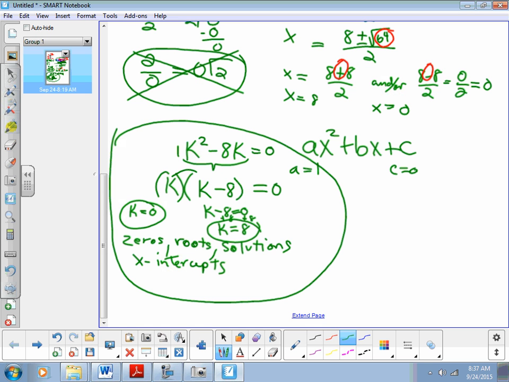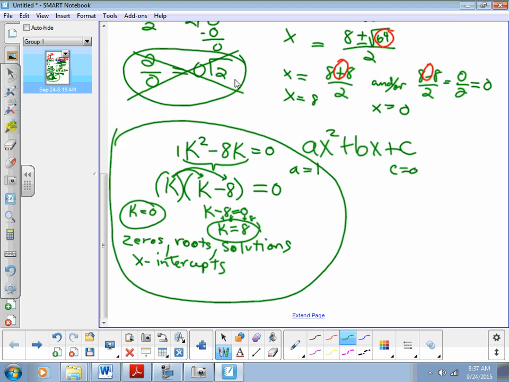If I distribute it back in, k times k is k squared, isn't it? And when I distribute it over here, negative 8 times k is the negative 8k. All right. When you're factoring out, you haven't made it disappear. You're just rewriting it.